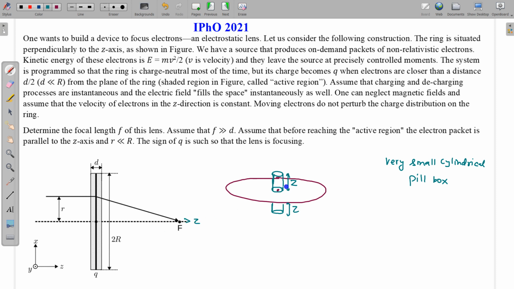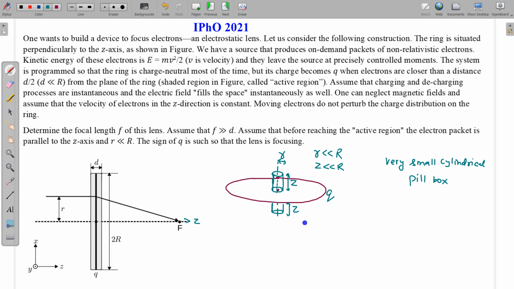So for maintaining symmetry, this cylinder is z distance above this center and z distance below the center, and the total length of this cylinder is equal to z, and obviously the radius of this cylinder is equal to small r. This small r is much less than capital R, and this z is also much less than capital R. And obviously all the charge of the ring is at its periphery.